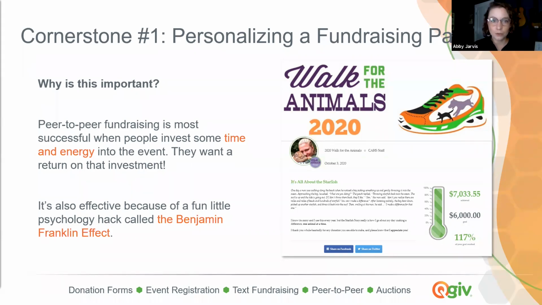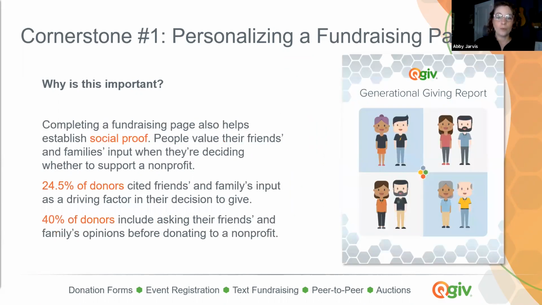So it's a cool little psychological double whammy where they're invested in your success because they've invested time and effort into it. And they also feel more positively about your brand if you can get them to engage with you in this way.